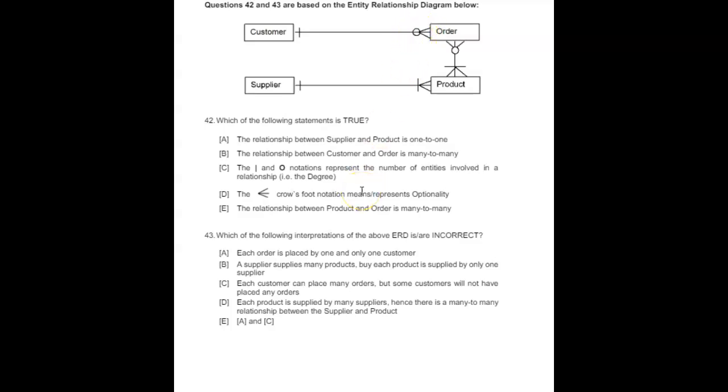Optionality means an option, because they can have many or they can have 0, so it's an option. And it won't be degree because it's cardinalities. All these are called cardinalities, so degree is false. Therefore the only answer is that the relationship between product and order is many to many, and you can clearly see many lines to many lines.